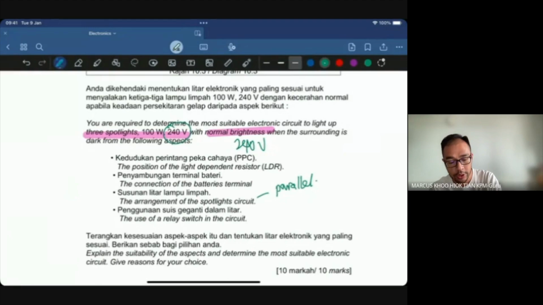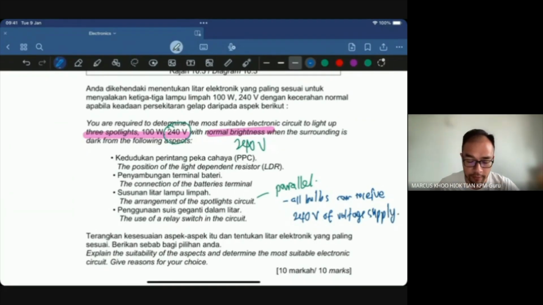And the reason for this will be all bulbs can receive 240 volts of voltage supply.